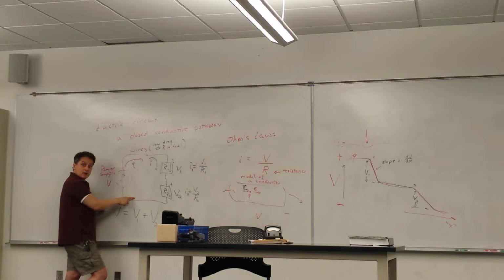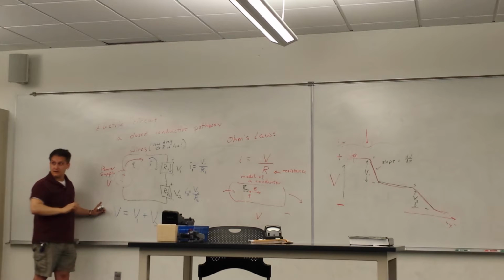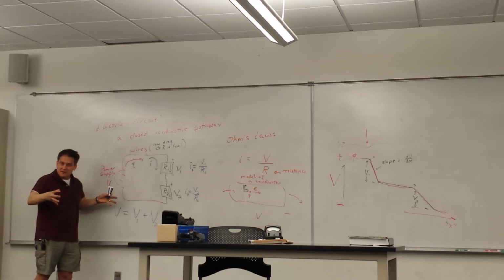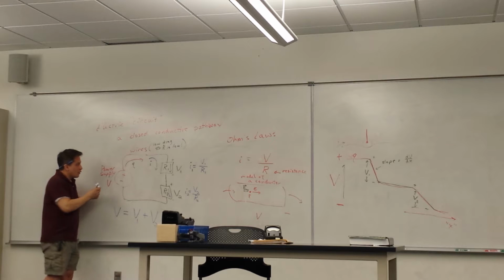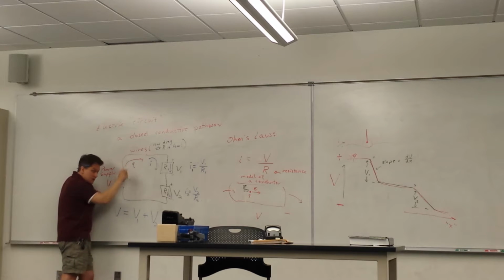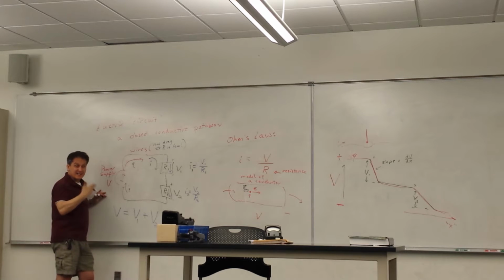What that means, it's kind of like fluids, ideal fluids in fluid mechanics. It doesn't build up and store in various regions. Whatever flows out of the power supply on one end flows into the power supply on the other end at the same time.